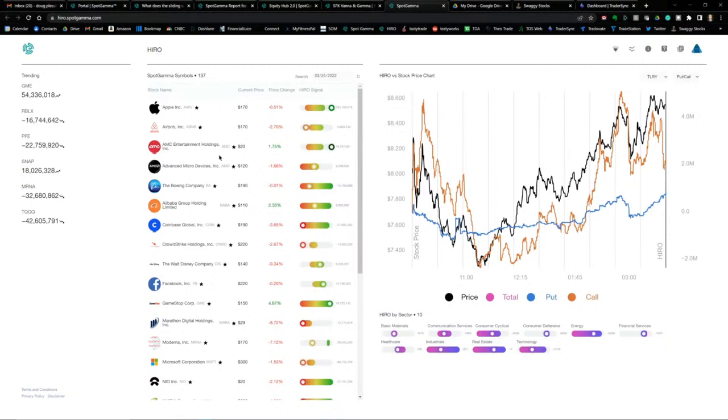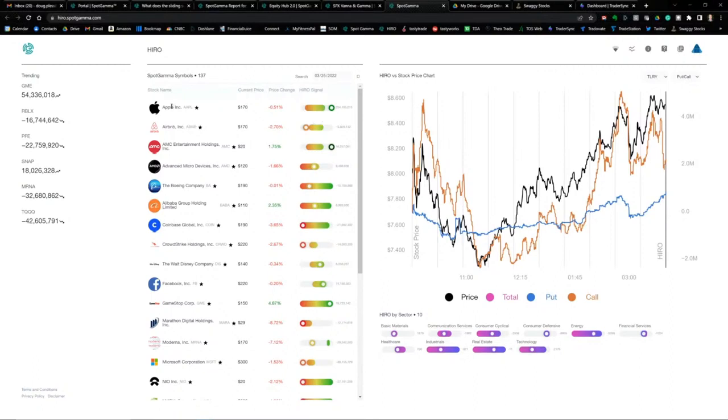So the tool shows the current price, the price change, and this hero signal, which shows the signal in relation to this gray bar here, which is the 30-day range, and then the colored section, which is the 5-day range.